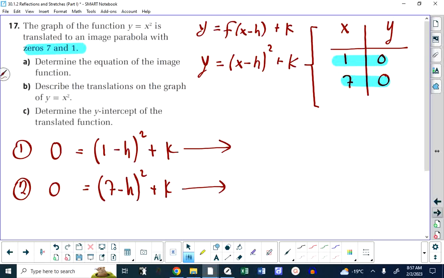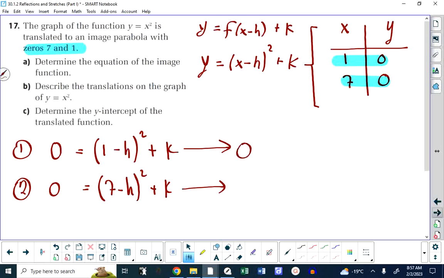Because if I subtract them now, the k's will disappear, and that's a good thing. But then I'm going to have this squared minus this squared, and students can easily confuse what's happening there when you're subtracting. Okay? So I'm going to show you a different way to do it.